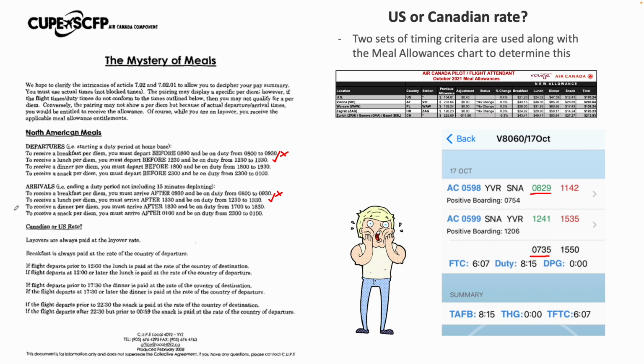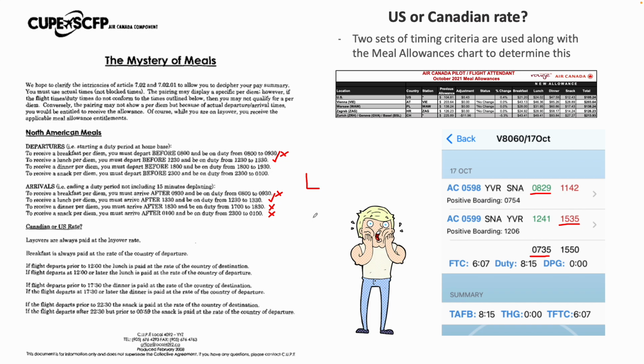To get a dinner per diem, we have to arrive after 6:30 p.m. and be on duty from 5 p.m. to 6:30 p.m. The flight back to Vancouver arrived at 3:35 p.m. So we know immediately that we are not eligible for dinner because that's not after 6:30 p.m. So that would be X here, and of course, not eligible for snack either. So all in all, we are eligible for a lunch per diem for this particular pairing.